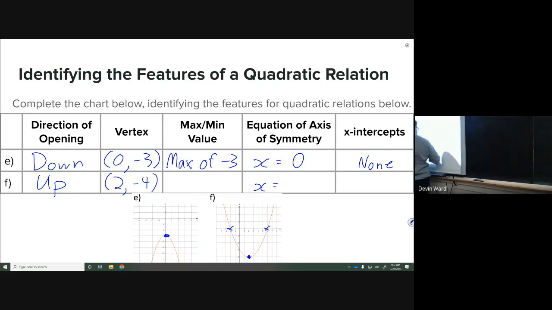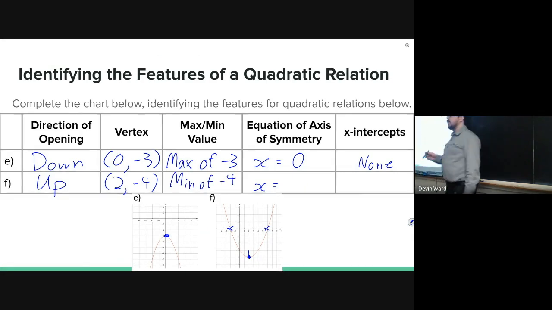It's gone over 2, and then down 4. So do we have a minimum or maximum? Do you have a question, bud? Minimum is -4. Yeah, go ahead, buddy. Minimum of -4, good. And what would the equation be? X equals 2. Perfect.